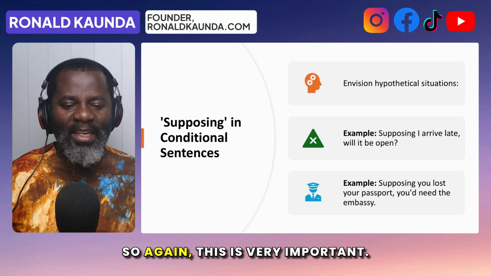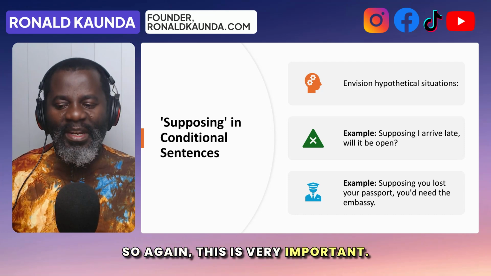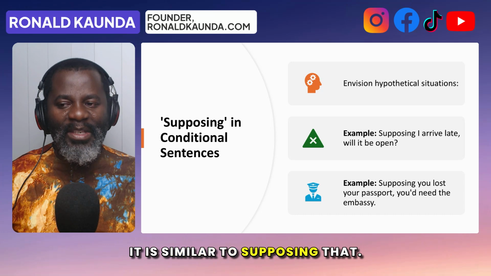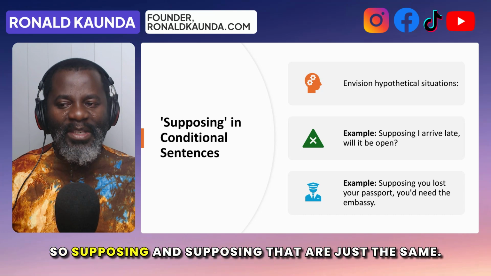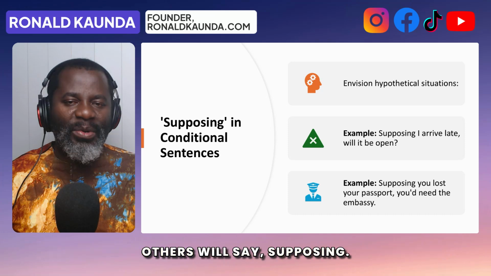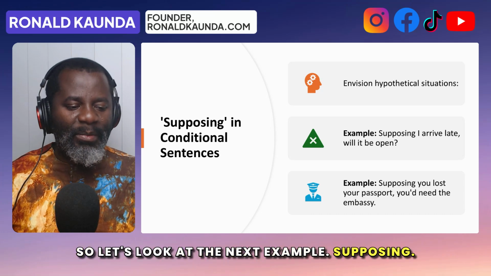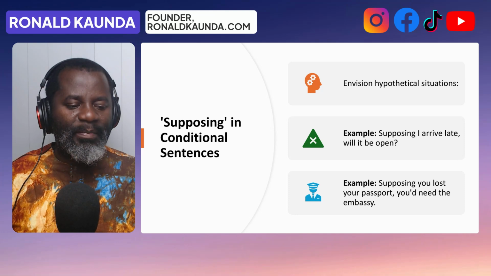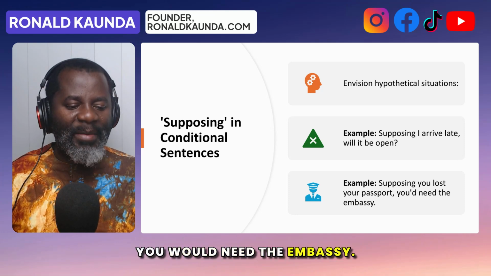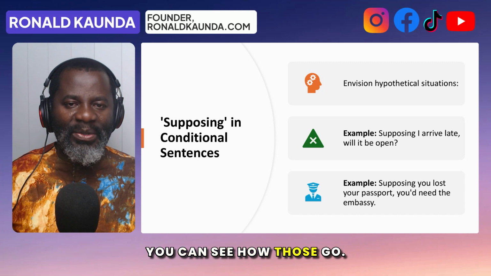Again, this is very important. It is similar to supposing that. So supposing and supposing that are just the same. Others will say supposing, others will say supposing that. Let's look at the next example. Supposing you lost your passport, you would need the embassy. Again, you can see how those go.